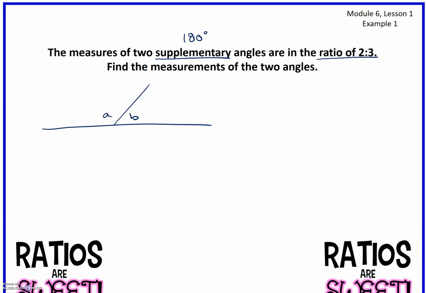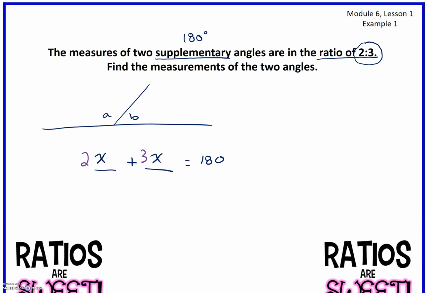The only thing we know about these angles is they're in a ratio of 2 to 3. So we have something plus something, which will add up to 180 degrees. Let's say we don't know what those somethings are, so we use variables, and they are in a ratio of 2 to 3. The way we notate that is angle 1 is 2 parts of every 3 parts of angle 2.